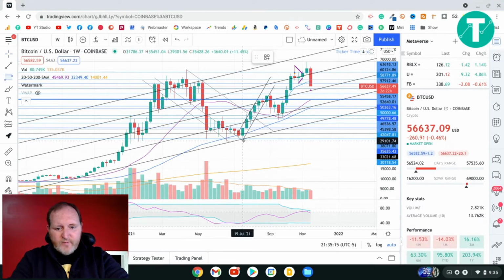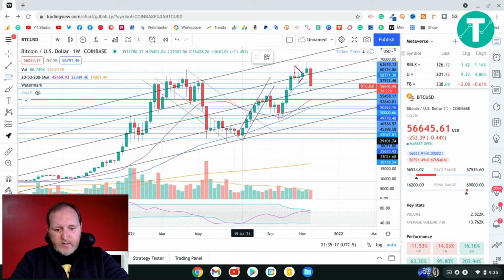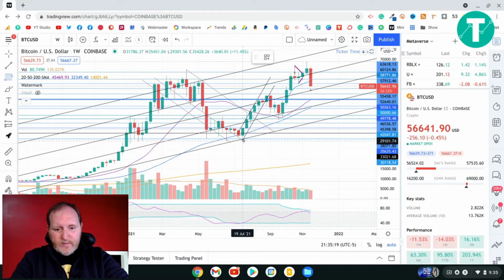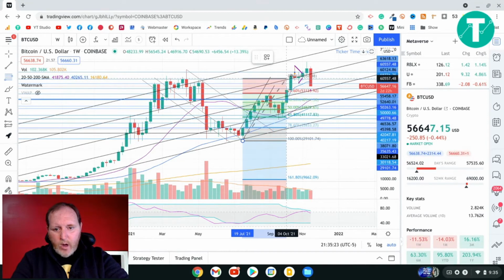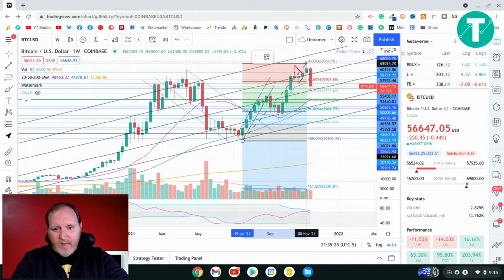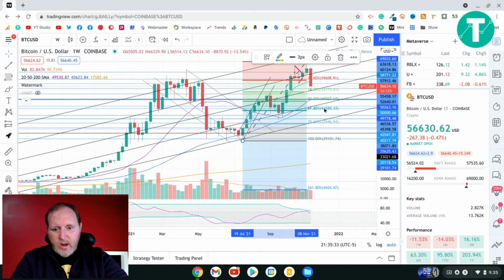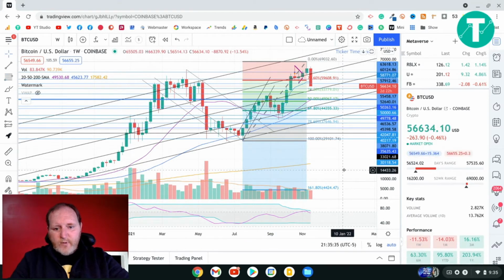So I'm going for this rally that it was in starting on July the 19th as the low point, and the high point is going all the way up to its all-time high of 69,000. Once I get that lined up there, now we have our first Fibonacci retracement set.